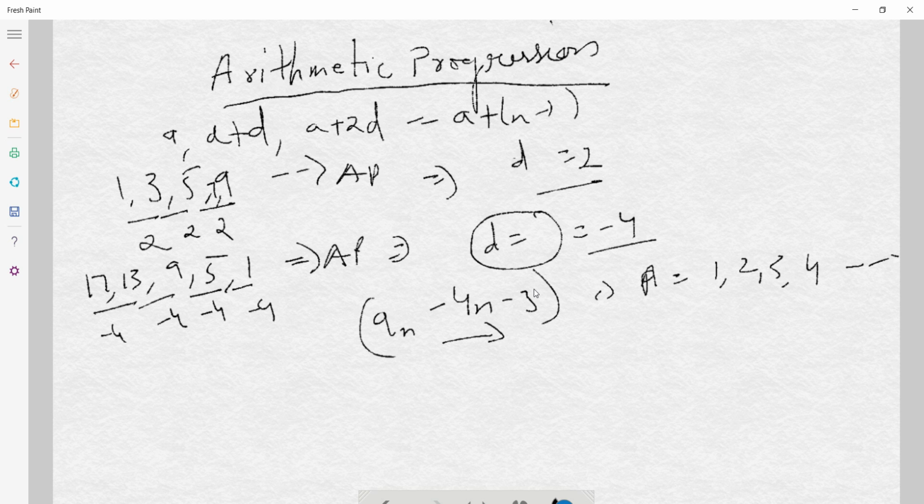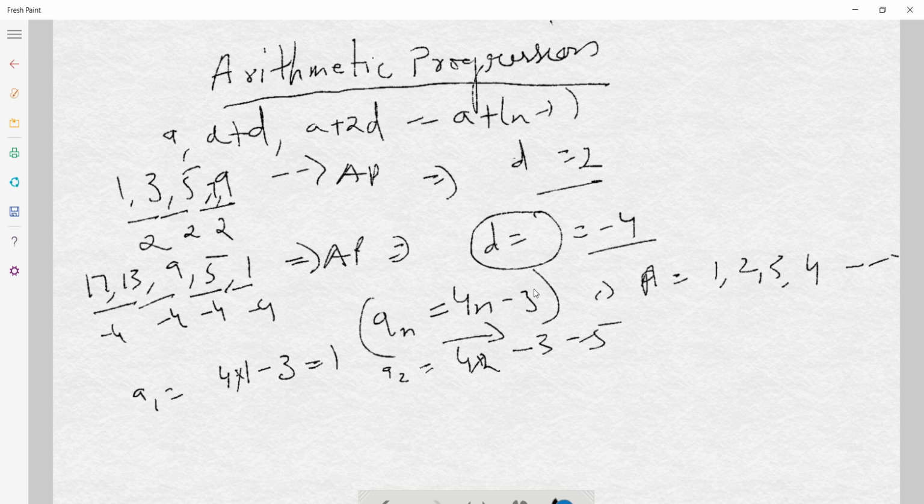So let's say a1, when n equals 1, is 4 times 1 minus 3, which equals 1, and a2 is 4 times 2 minus 3, that is equal to 5.